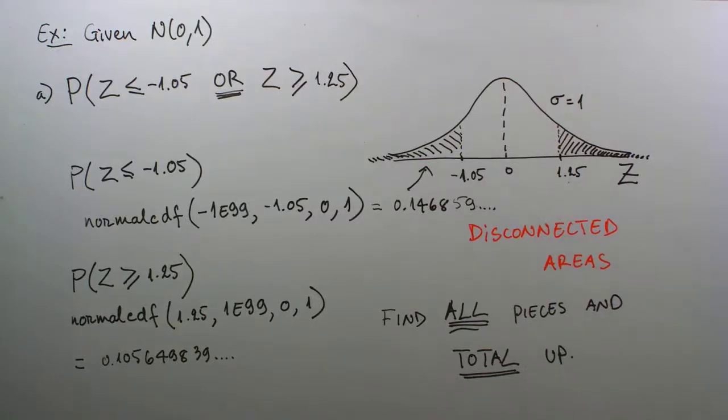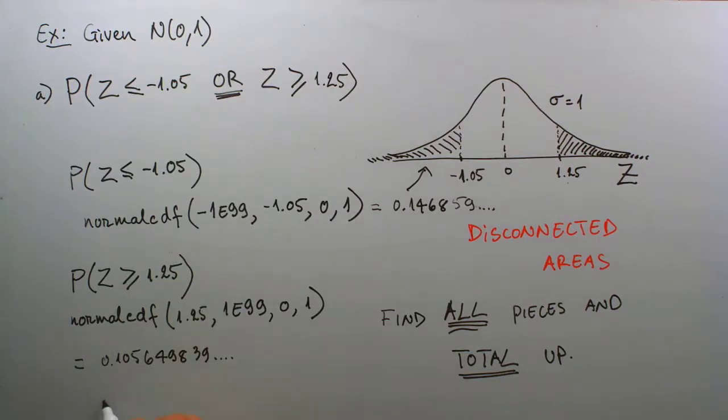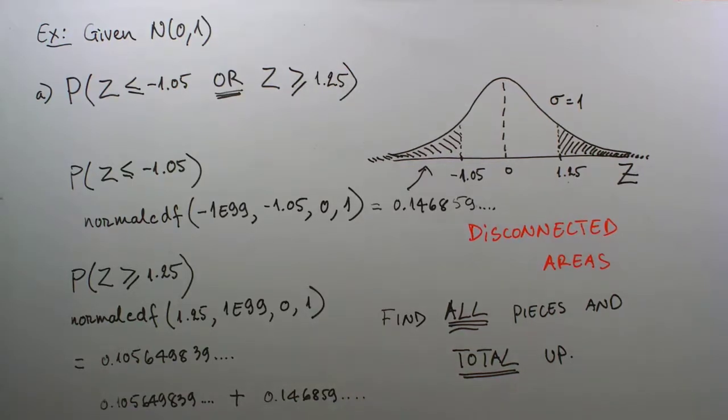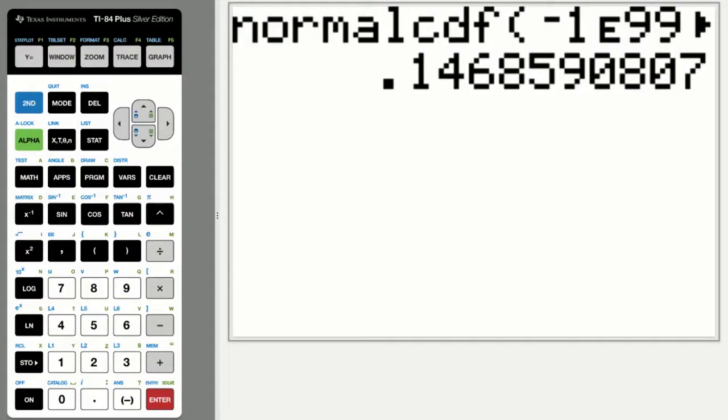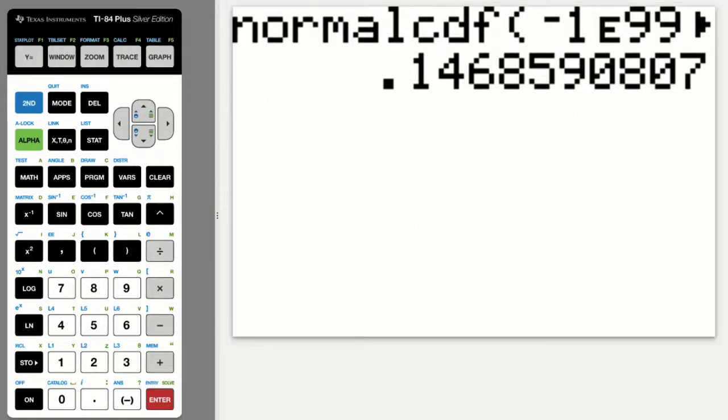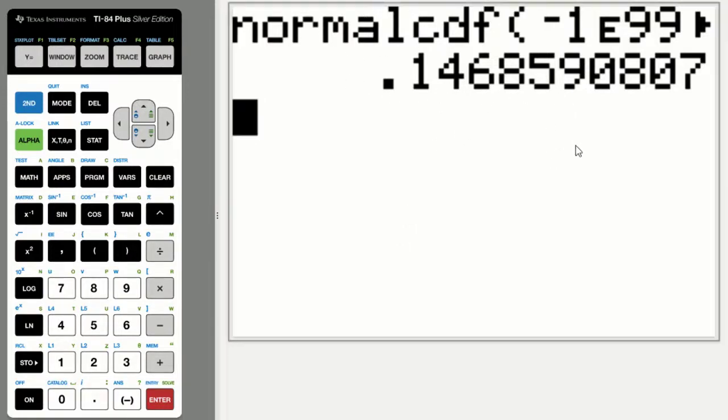And so our next work here is to add 0.105649839, and a lot longer, with the previous answer being 0.146859, and a lot longer. Alright, so now on our computer screen, here's the answer for the previous left-sided piece of the area right here.